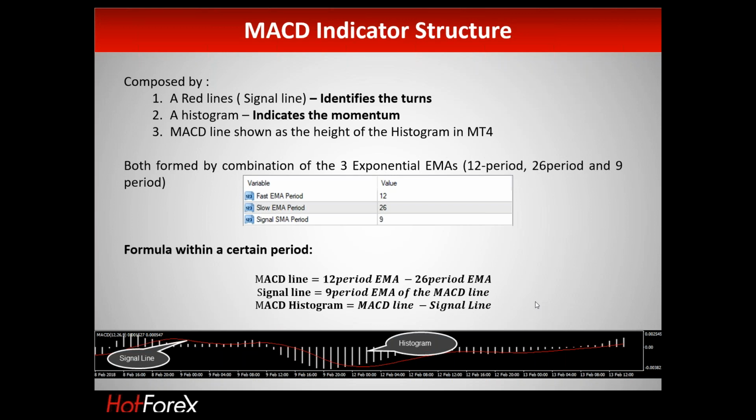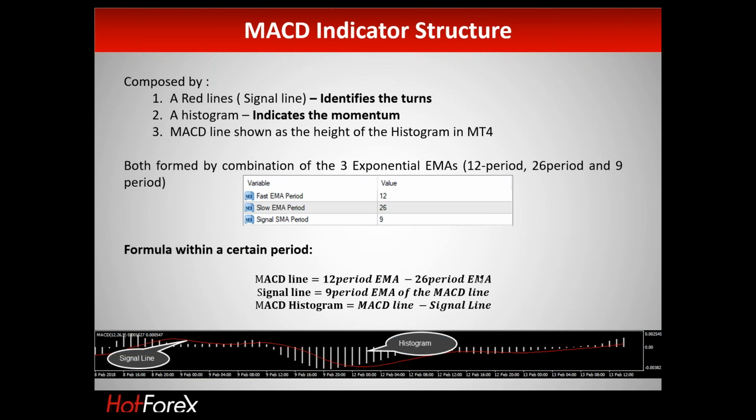So on the MACD line, we have a very fast movement minus the very slow one, the 26. And then the MT4 MACD indicator calculates the signal line, which is an even faster moving average of the value that was calculated from the MACD line.